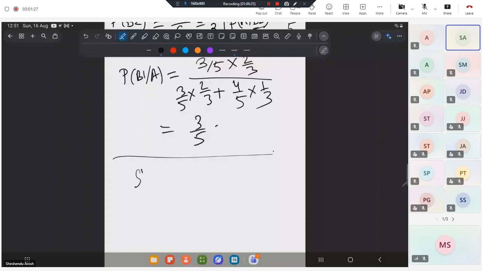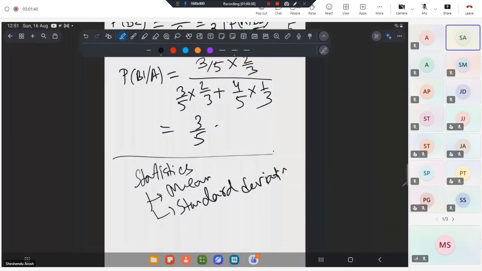In statistics, if you remember, the basics were the mean and standard deviation, right? So how the probabilistic mean can be used, and what the probabilistic standard deviation is, we'll talk about in the next class.